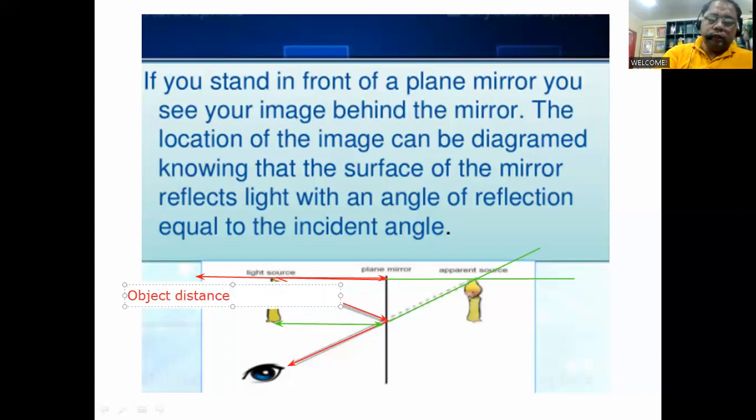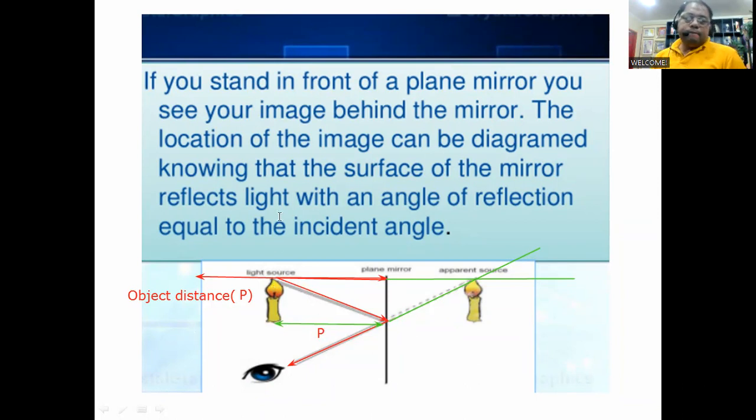So we call the distance of the object from the mirror the object distance. That's the distance of this candle, the real candle, from the mirror, and we will label it with the variable letter P, to denote it as a specific distance.